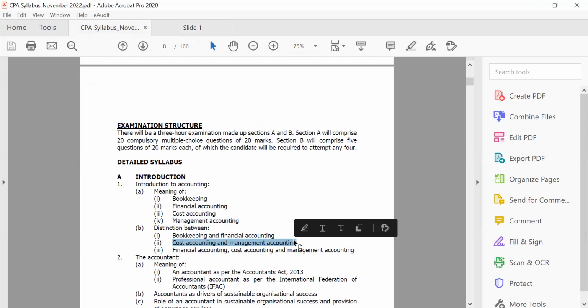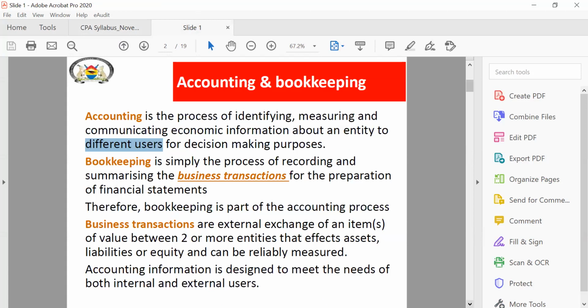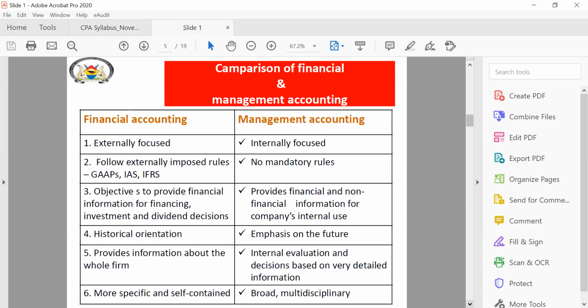But it's also very important, when you move through these notes, to have an understanding of the difference between financial accounting and management accounting.